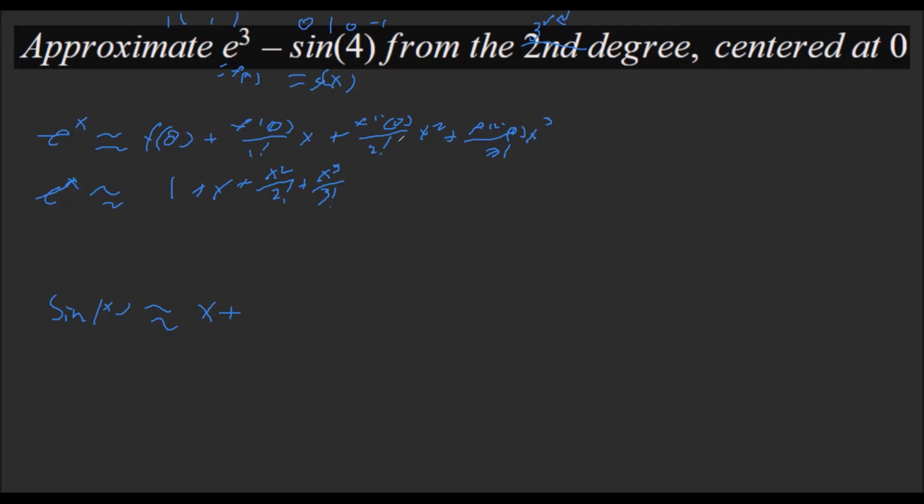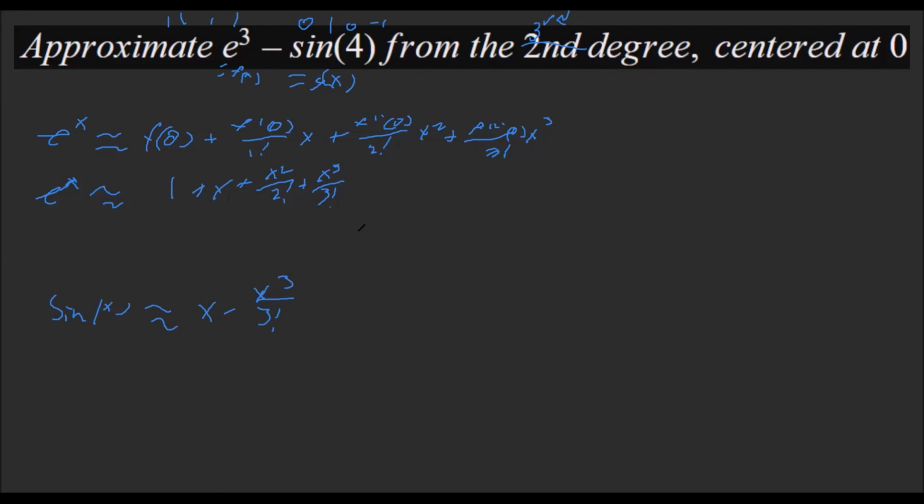So we end up with 0, plus f triple prime of 0, which is negative 1, times x cubed over 3 factorial. I'm referencing this formula above in case you weren't aware. And that ends up being negative x cubed over 3 factorial. So this is sine x to the third degree.